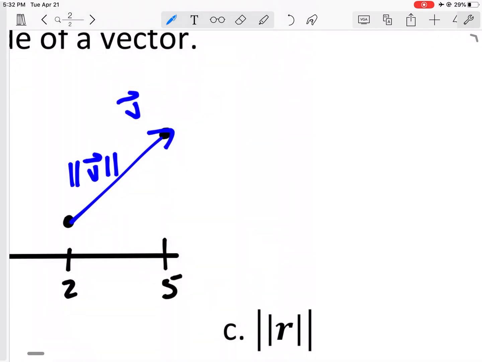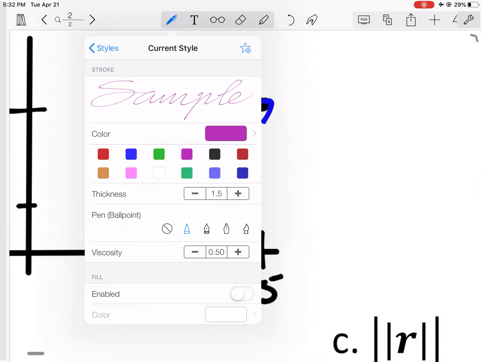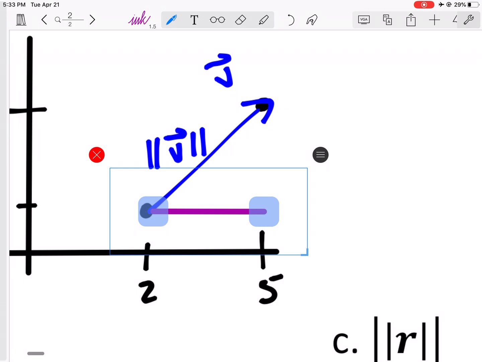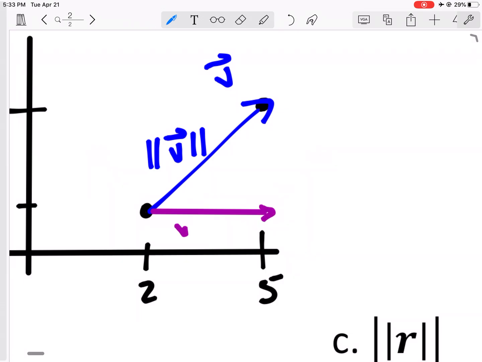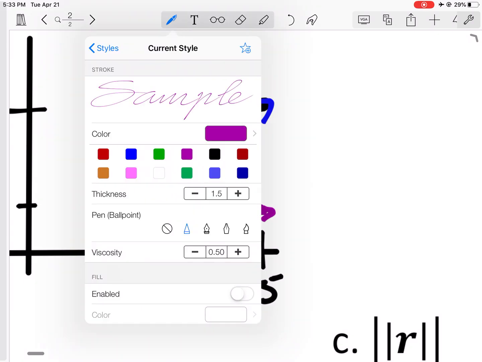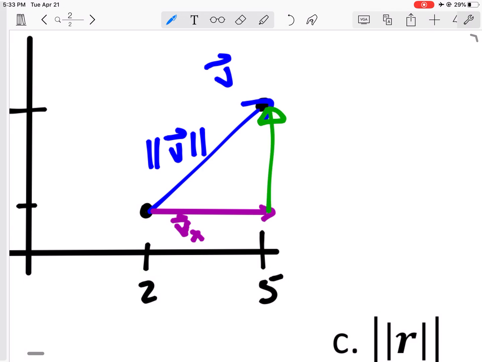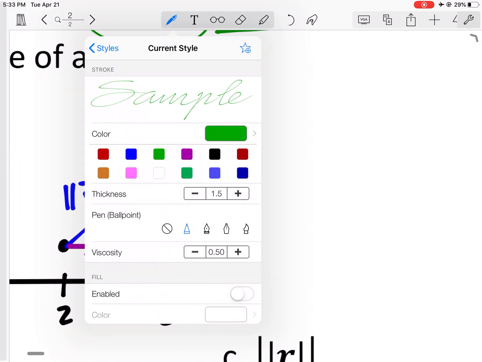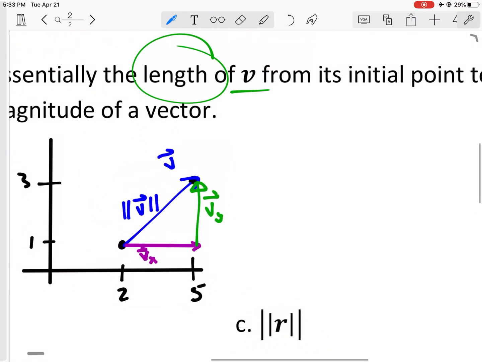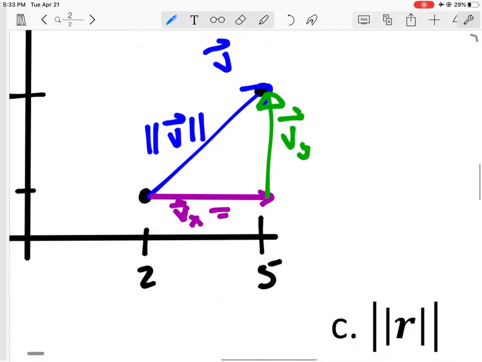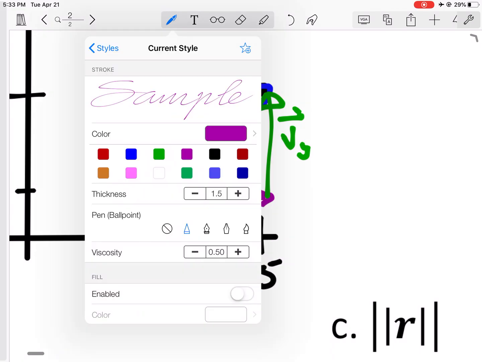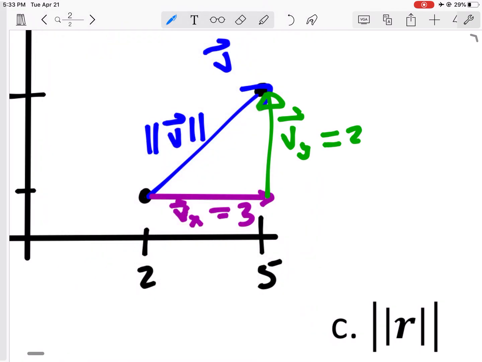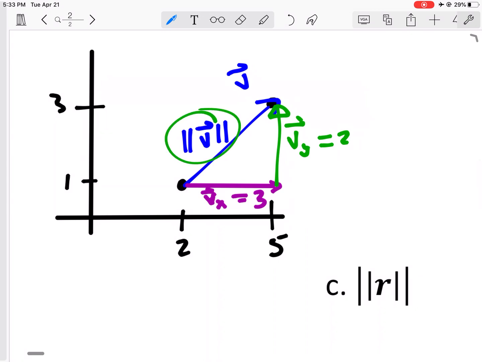What we're going to need is the two components of this vector: the horizontal component, v sub x, and the vertical component, v sub y. Just by counting and what we saw above, we know the horizontal component was 3 and the vertical component was 2. So our only unknown is this magnitude.